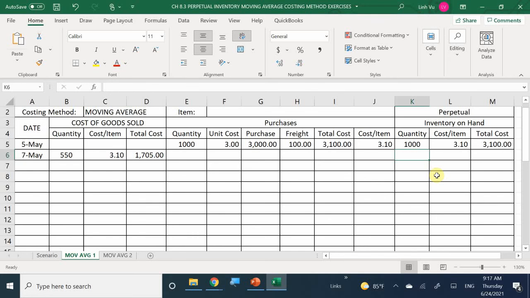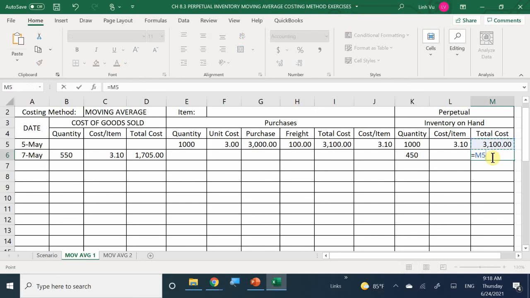If I had 1,000 items and I sold 550 items, what's my total quantity? 450, right? And if I started out with 3,100 and I sold a total of 1,705, what should be my new total cost?